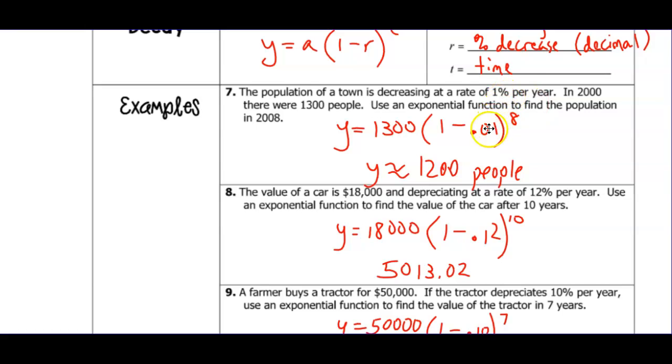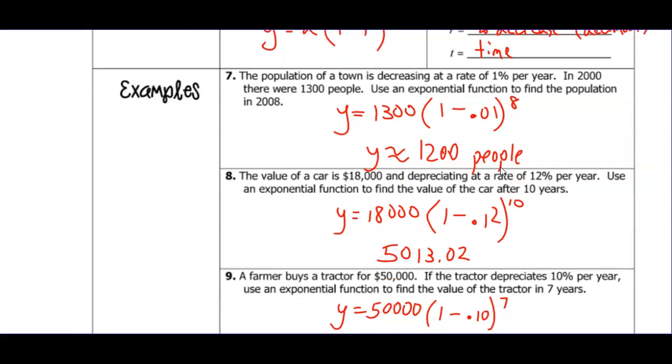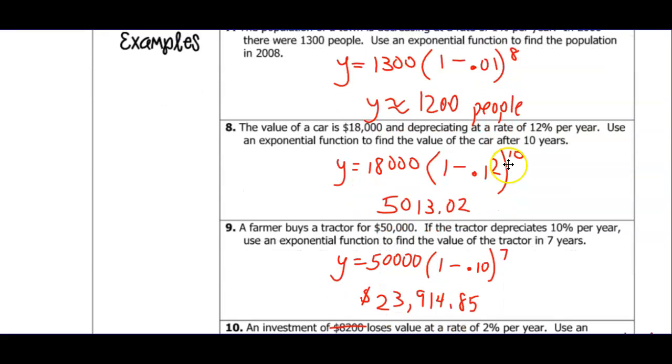Again, single-digit percents become 0.0 something. If it's money, again, dollars and cents. If it's something else, like this one about population, put the label on it and go to the nearest whole number, because certain things like people can't be decimals. That should cover exponential decay and growth.